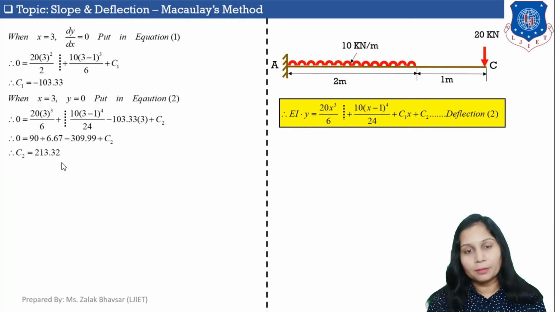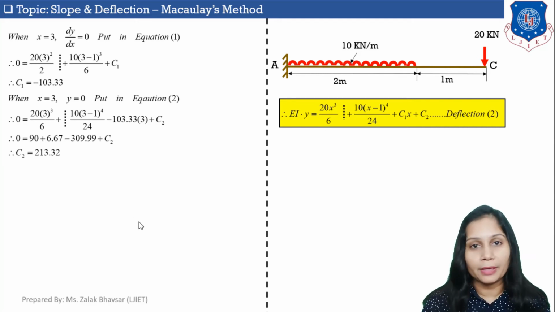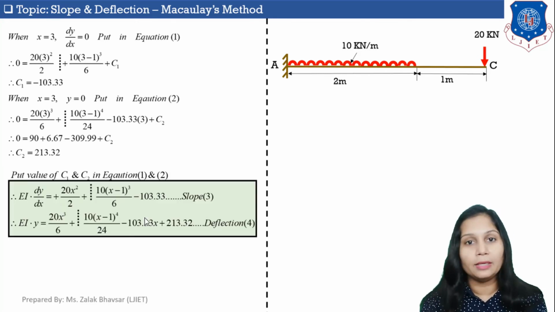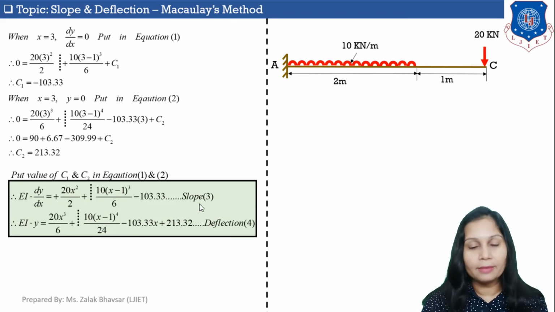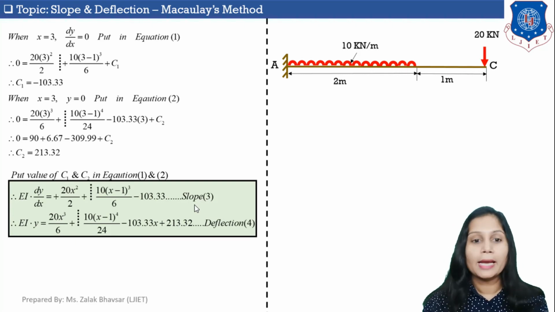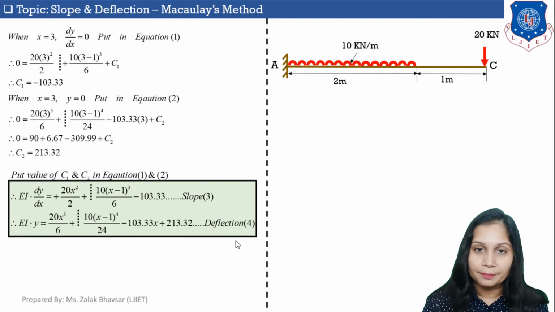Now, in step number 3, by applying boundary conditions, we calculated the values of C1 and C2. If we put the values of C1 and C2 in equation number 1 and equation number 2, then we will get equation number 3 for calculation of slope and equation number 4 for calculation of deflection.